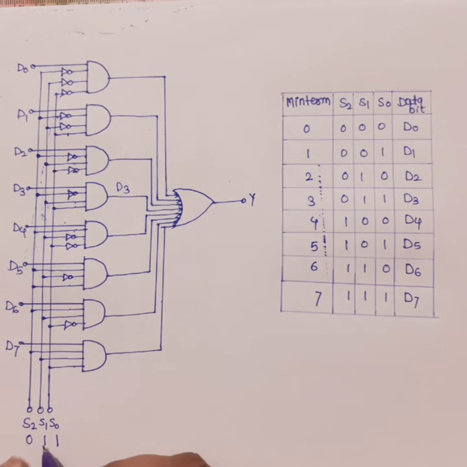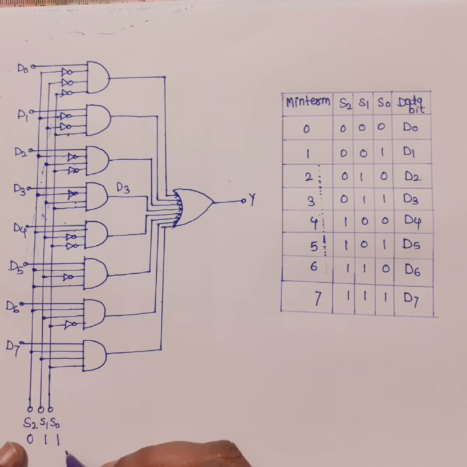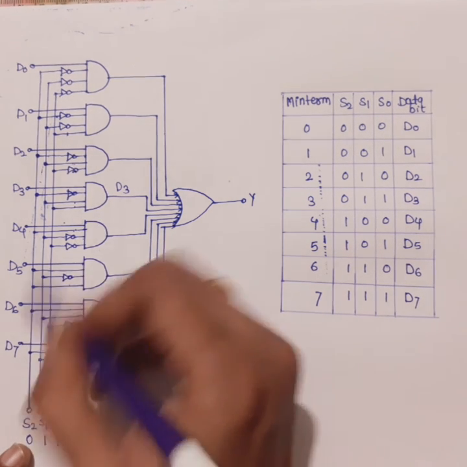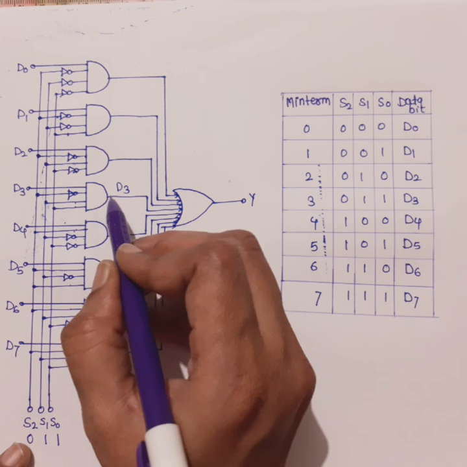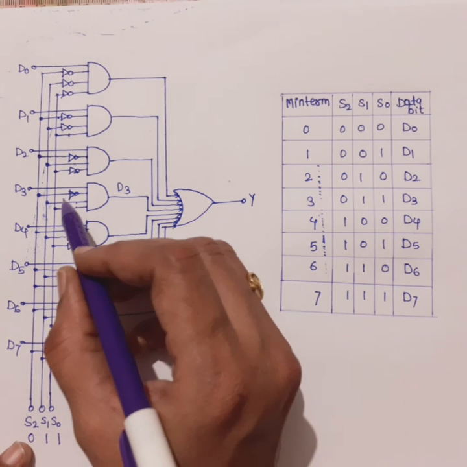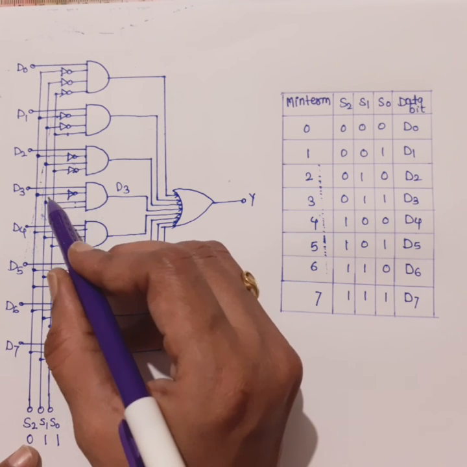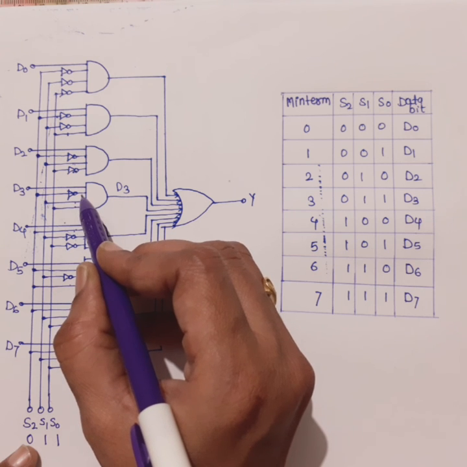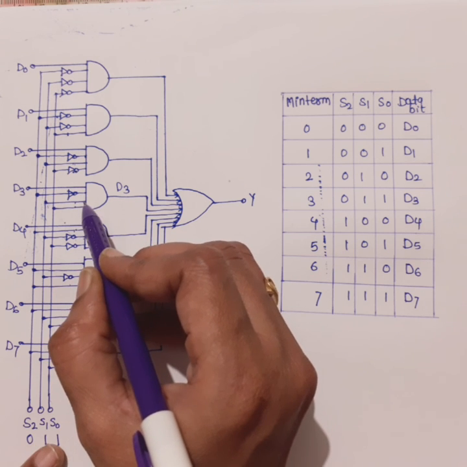We'll take another combination of S2, S1, S0 for clear understanding of this 8 to 1 multiplexer. When we feed 0, 1, 1, we are expecting the D3 bit as an output. So see, these are the connections this AND gate receives. S2 is inverted to become 1. S1, S0 are attached in their uncomplemented form.